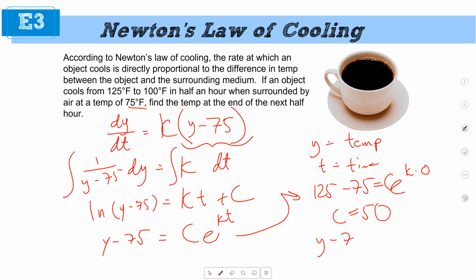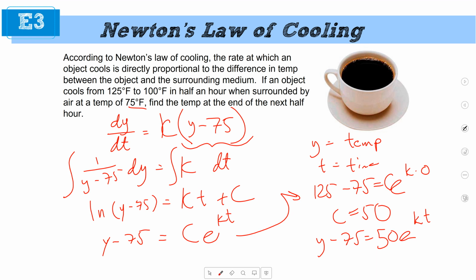So y minus 75 is equal to 50 times e to the kt. Now the one value I don't know is k. But I do know that when t is 0.5, y is equal to 100.